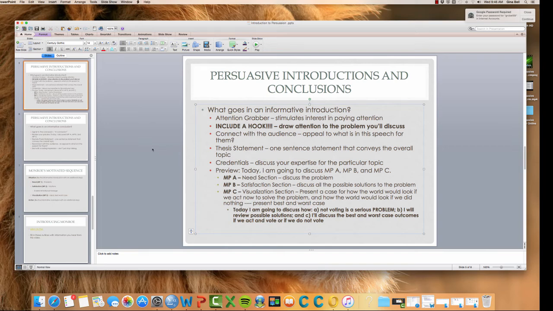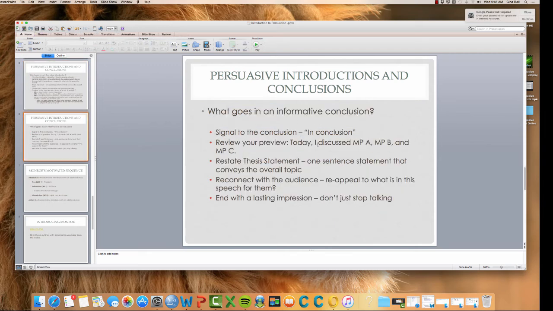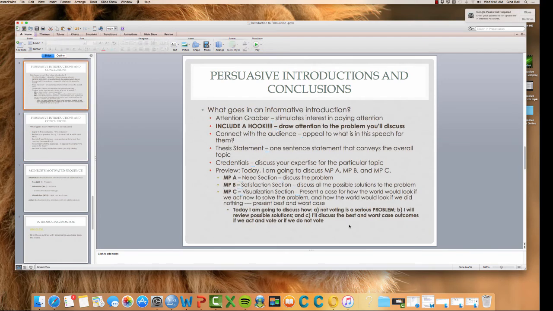So we've discussed what goes into an informative introduction and a persuasive introduction, and we've discussed what goes into an informative conclusion. So now let's take a look at the persuasive conclusion. So in terms of the persuasive conclusion, you're still going to signal to the conclusion. You're still going to review your preview, but you're going to review your preview in the similar manner that you just had it delivered.